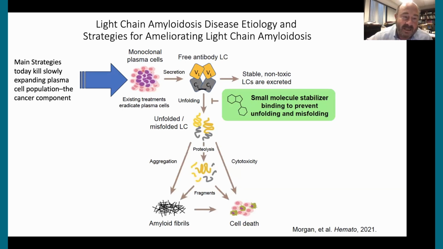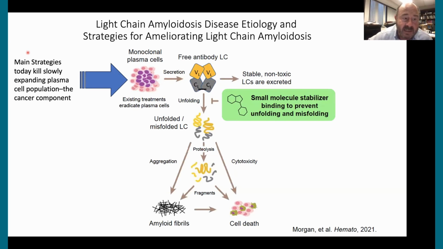And unfortunately, this disease is both a cancer and an amyloid disease. So the cancer component comes from the notion that you have clonal plasma cells that are expanded, and these clonal plasma cells, instead of secreting antibodies, which is normally the case, they secrete these light chain full-length dimers, which can misfold and aggregate, often, as I said, by virtue of proteolysis.